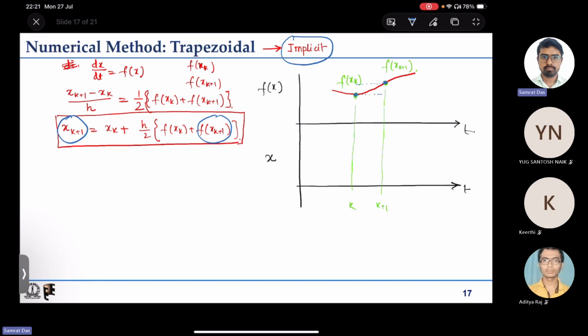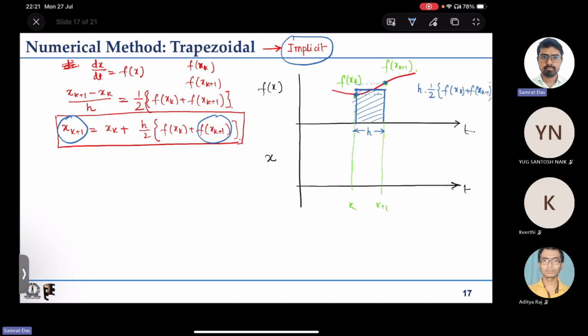In this case, we will take the average of the two, f of xk and f of xk plus 1, and that will be assumed to be the value of f(x) between the kth and k plus 1th instance. So in this case, you can see that the actual integration output becomes the blue hatched area, which is nothing but h into half of f of xk plus f of xk plus 1.